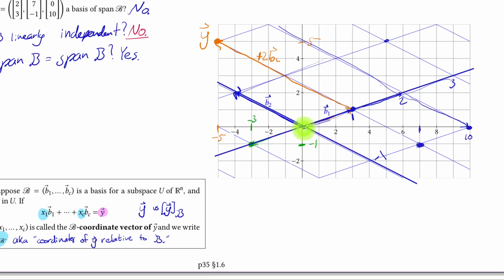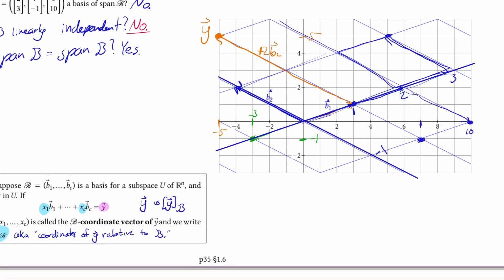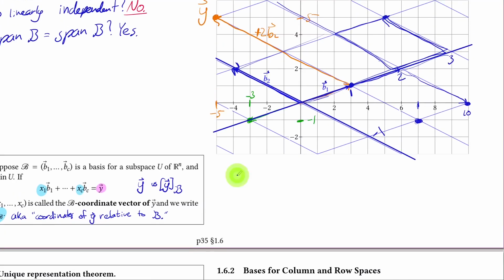I guess you could go backwards and around the circle or something and then get there, but you're just adding up multiple copies of B1 and B2, and some negative ones are going to cancel out.